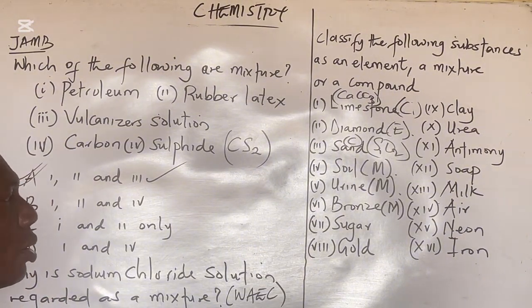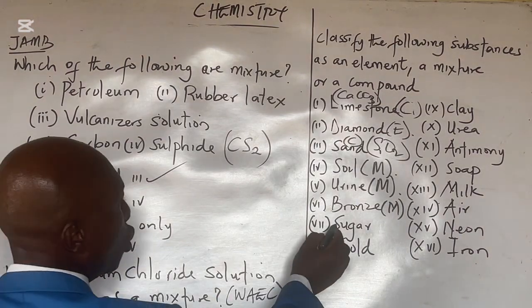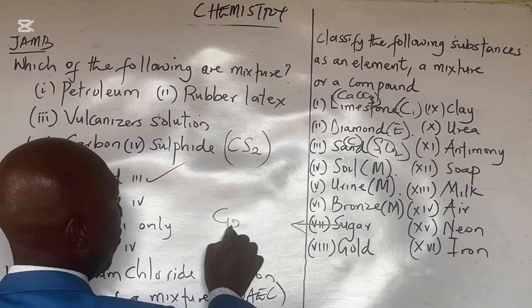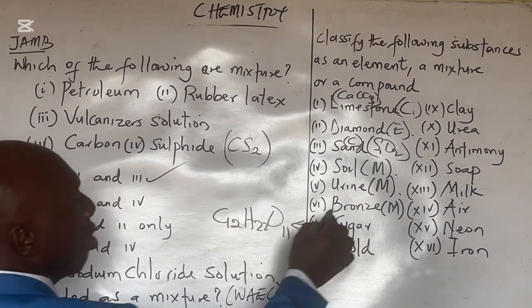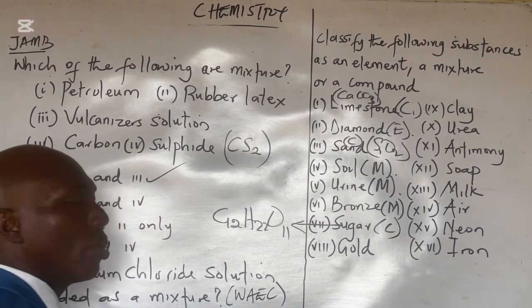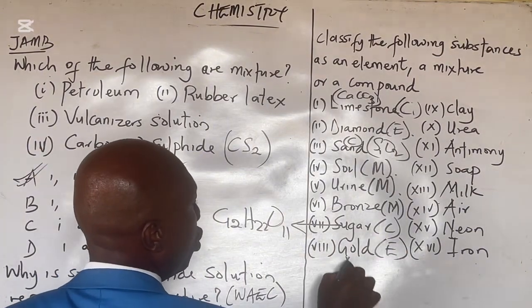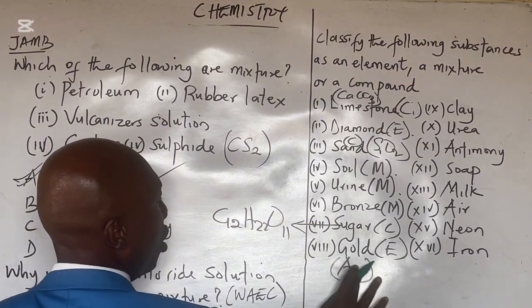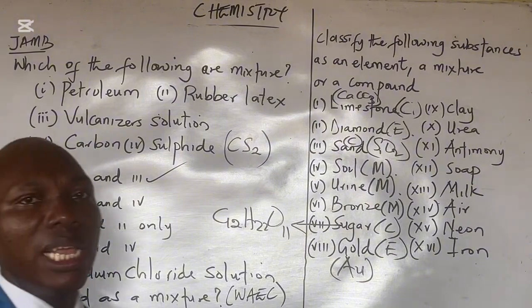We also have what we call sugar. Sugar is a compound. This is the formula for sugar: C12H22O11. So it's a compound. Gold is an element. What is the formula for gold? Au. Silver is Ag. We also have clay. Clay is a mixture.